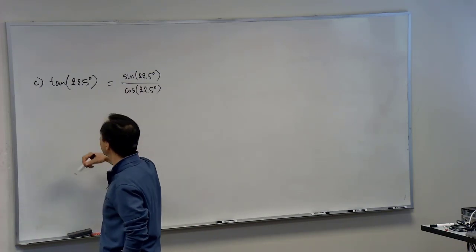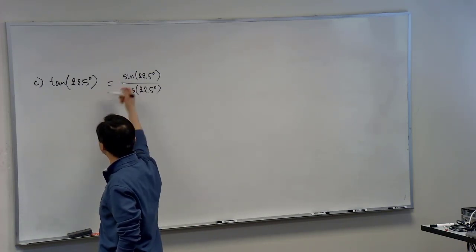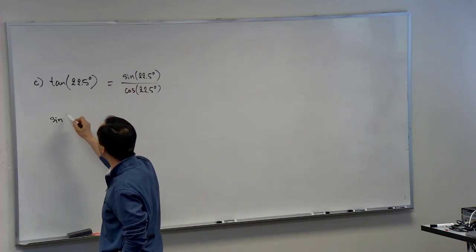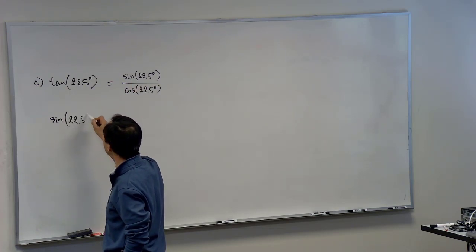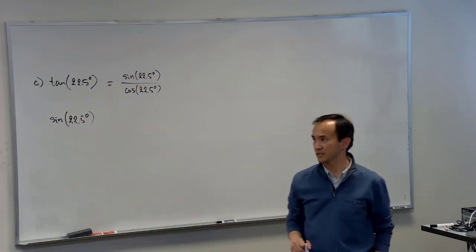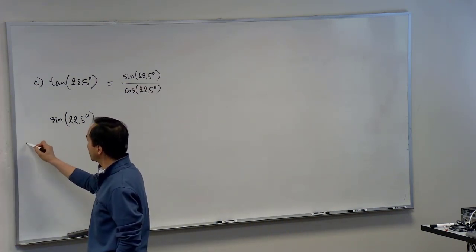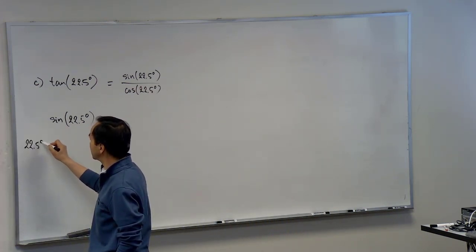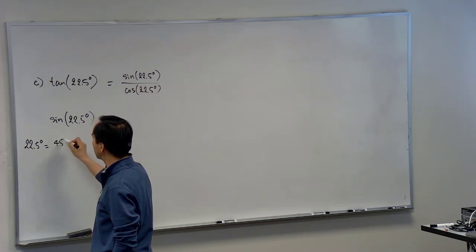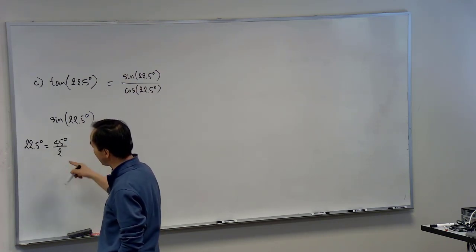So that's easy. Really what's waiting for us here, the big part, is to calculate sine of 22.5. We had similar work in part A of the example earlier. 22.5 is recognized as 45 degrees over 2, so half of 45 degrees.